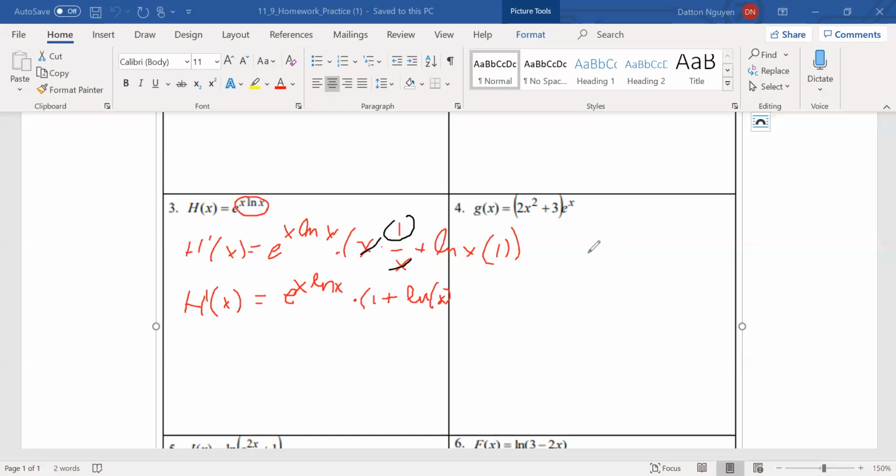Now remember, the natural log of x, when we look at the graph, it hits 1 and it's going to be 0. Okay, that's like the general shape of it.